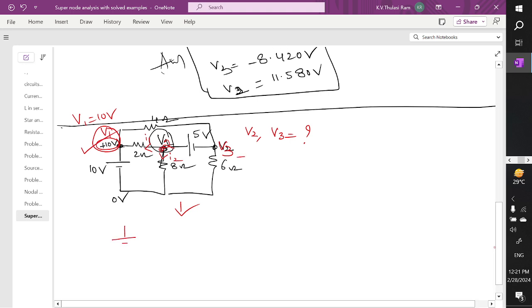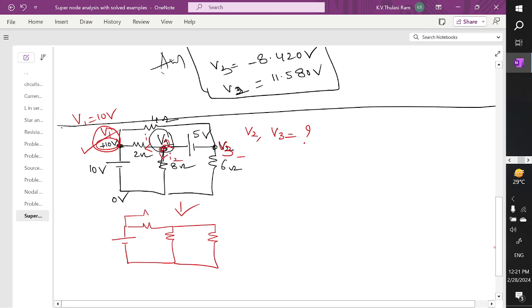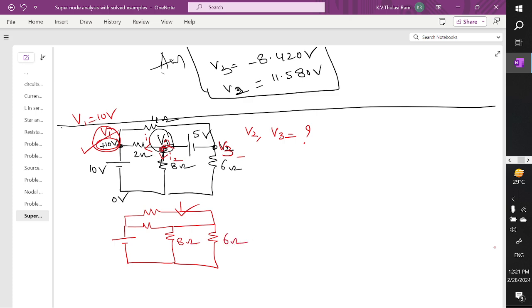So you are going to have a 10 volt source and one resistor and one more resistor, and this source is short circuited, and you are going to have 6 ohm, and at the top you are going to have one more resistor. So this is of 8 ohm, this is of 6 ohm, this is of 2 ohm, this is of 10 volts, and this is of 4 ohms.